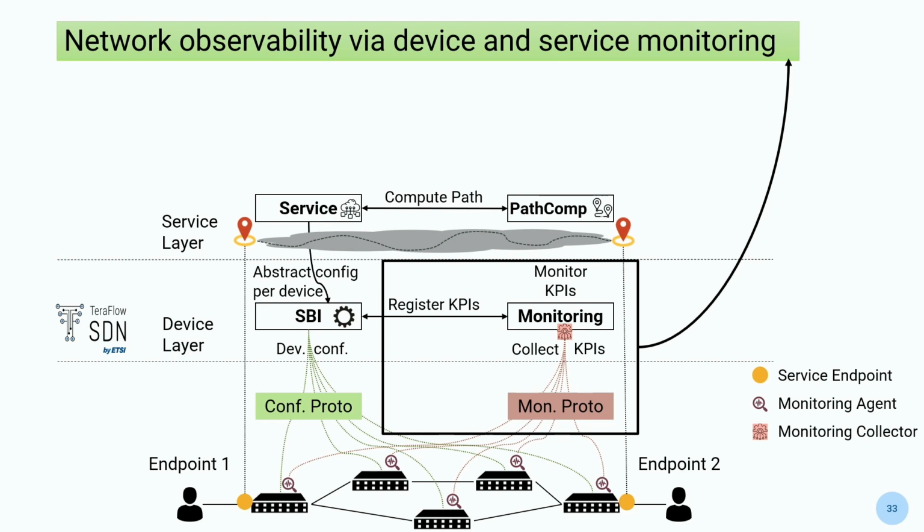This is the component that actually interacts with the devices, collects the state of the devices and some important KPIs, persists this information into a database which is available to other TerraFlow components, and exposes this information to other components so that they can use it.